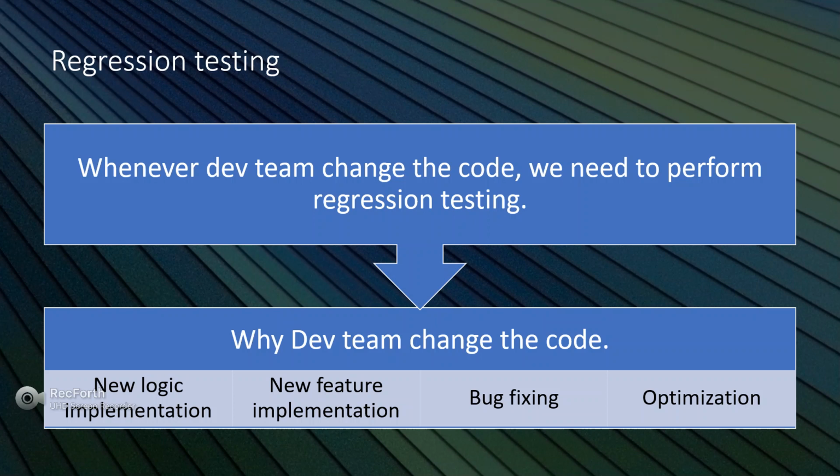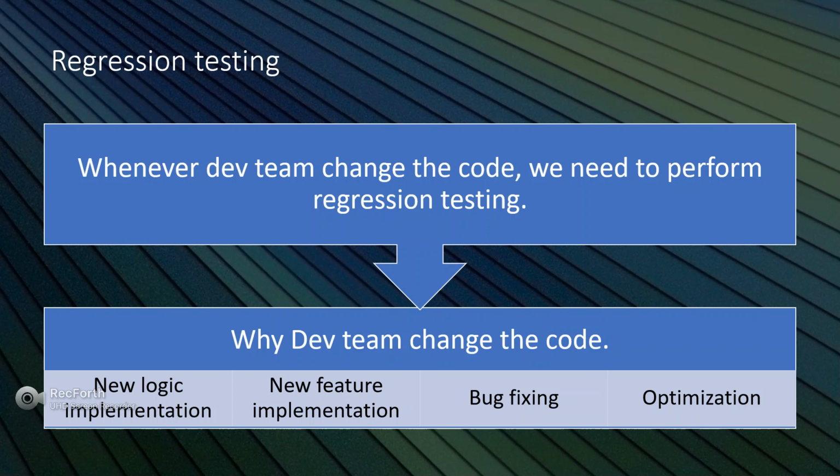You can say it could be any reason. Maybe they are implementing some new logic, maybe some new features, maybe some bug fixing, and maybe some performance optimization. In any of these cases they will be making changes, maybe to a specific module or a specific feature.